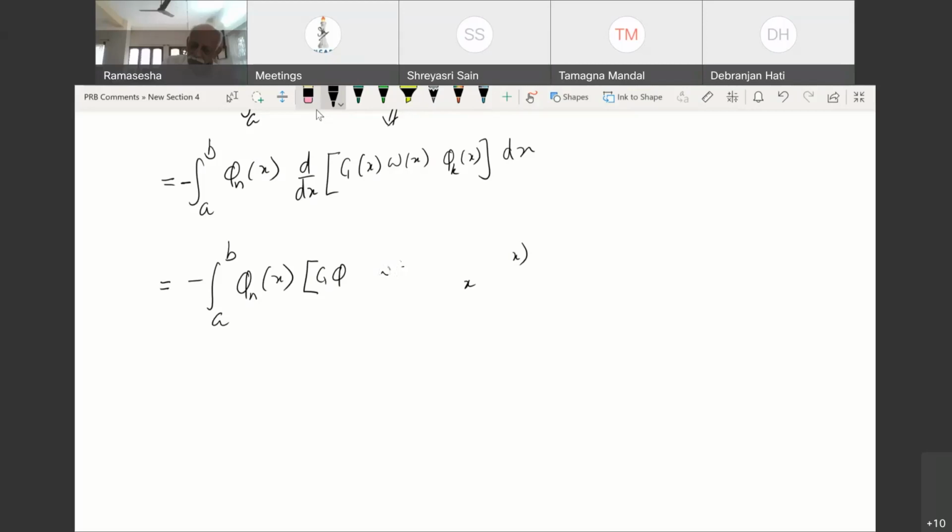I have taken w(x), and the next term will be minus of integral a to b, p n of x, g of x, p k of x, w prime x.